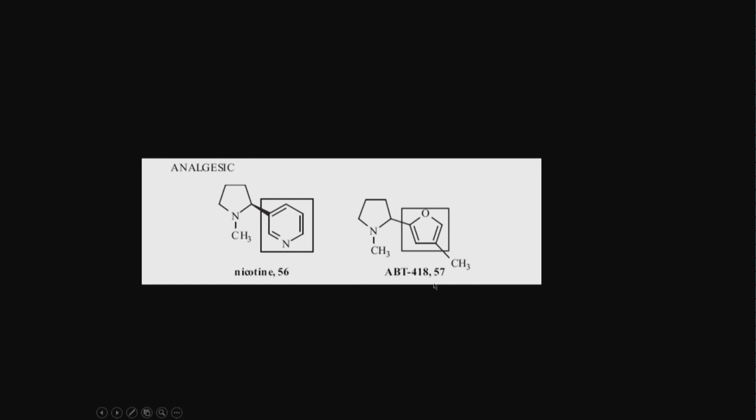Analgesic, nicotine, ABT-41857. This is a clinical trial drug. Look at this, these two are bioisosteres. Anti-ulcer, this portion is the same, ranitidine and nizatidine. Look at this, the heterocycles are different.